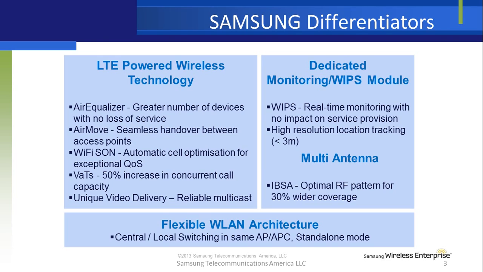So let's talk about airtime fairness. So consider an environment where there's an access point and there are multiple devices, and these devices could support anywhere from an 802.11 a/b/g/n, or it could be the latest and greatest AC. So it's a mixed environment. Not everybody has the latest and greatest smartphone these days. So what happens is, in this kind of environment, a slower device, based on the way Wi-Fi traditionally works, has the capability to take a lot more airtime to transmit the same amount of data than a faster device.